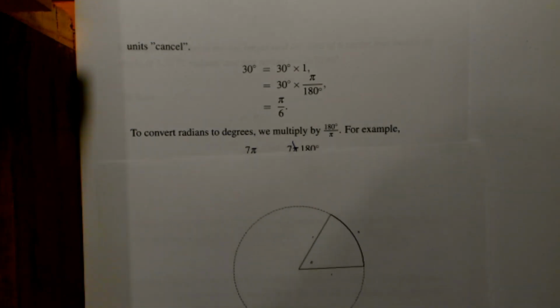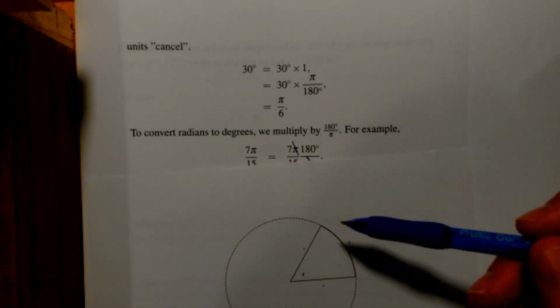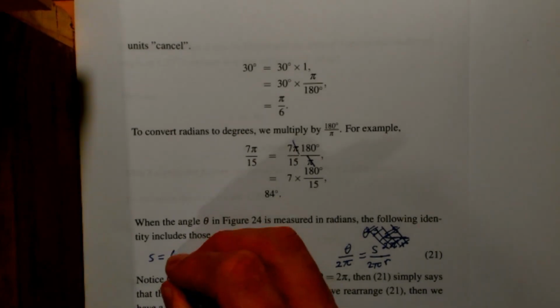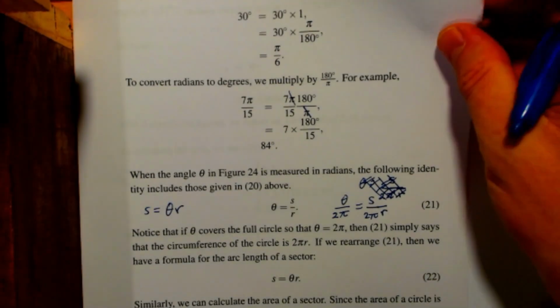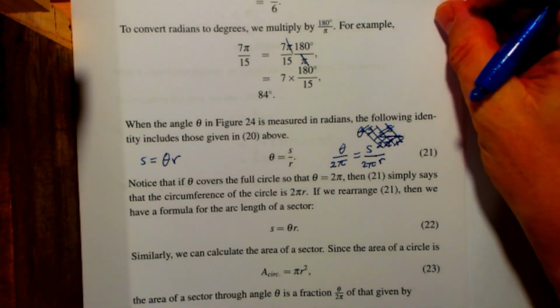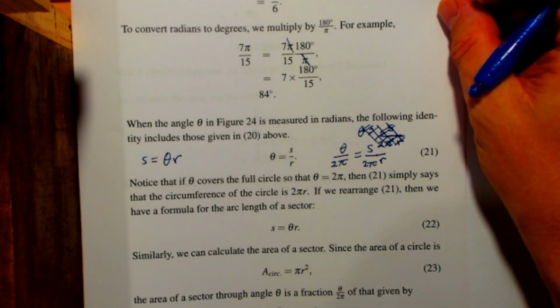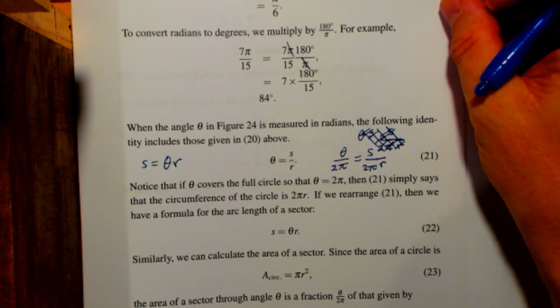And if we rearrange that, then we get s, the length across here, is equal to theta r. So s is theta r, which is what we have there in equation 22. So similarly, we can calculate the area of a sector.